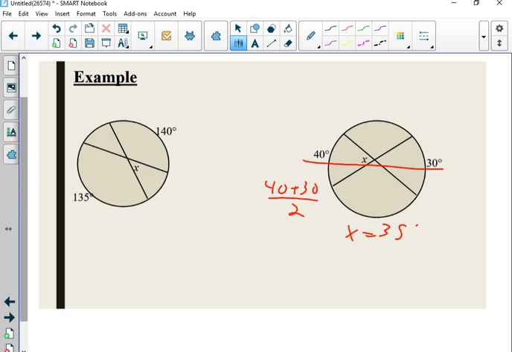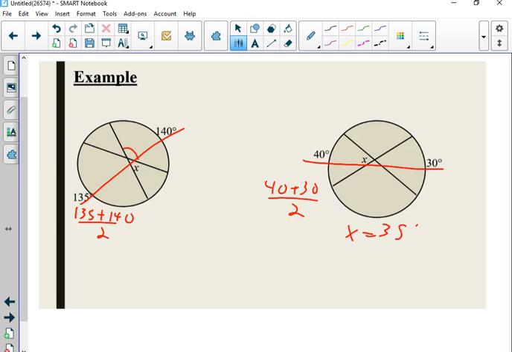Okay? Now, the first one doesn't match up. So there's two ways to do this. You can go ahead and find this measurement by using the rule. These two are in line. So 135 plus 140 divided by 2. And that's 137.5.